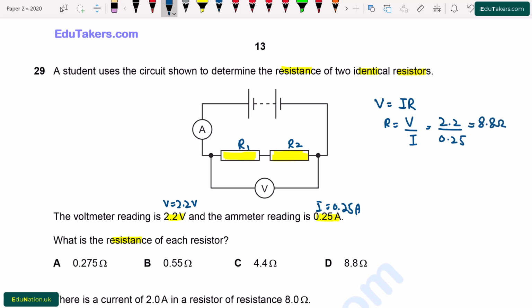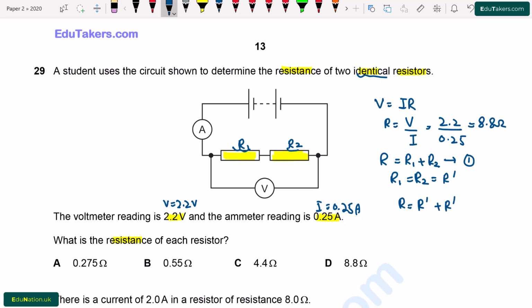Next we can see that R1 and R2, both of these are in series. And in series, I write here total resistance will be equal to the sum of individual resistances. It is also given that the two resistances are identical. If I suppose here R1 is equal to R2 is equal to R prime, then this equation becomes R is equal to R prime plus R prime.